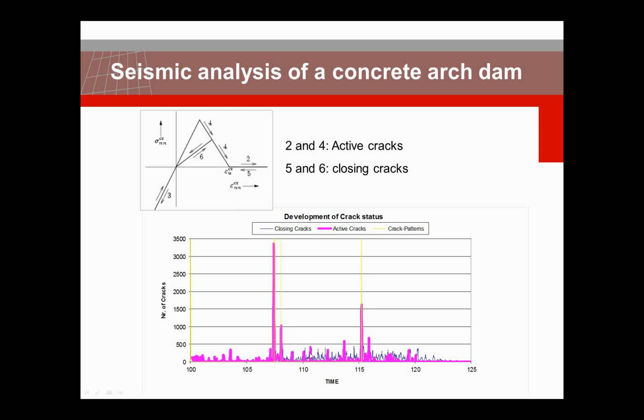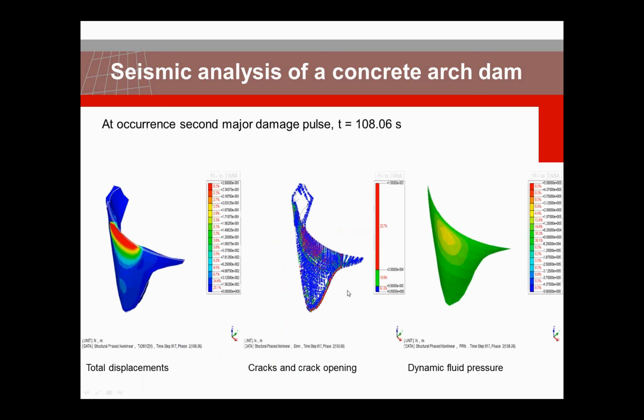And then here we have closed cracks, as a function of time. We will look at three different crack patterns on three different time steps in the following figures. These are the major pulses that are identified at these time steps.